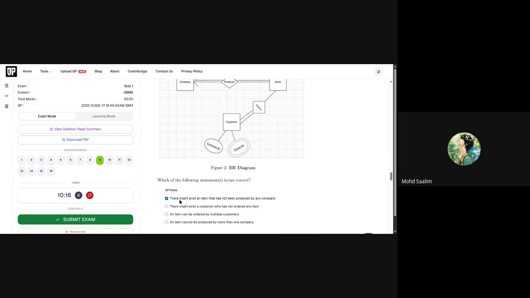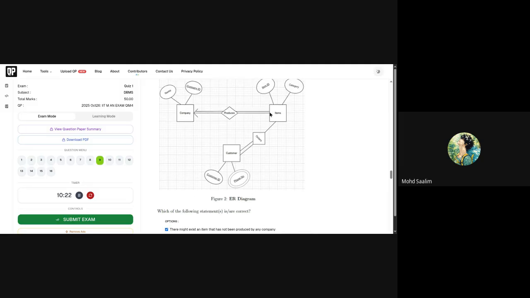They are indirectly asking you, can there be any item which is not participating in this relationship? Can there be any item that can remain independent from this relationship?